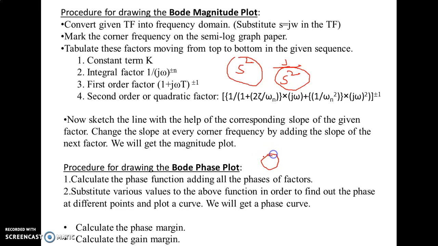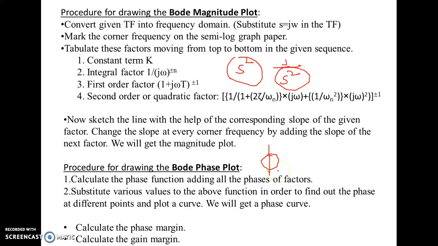After finding the phi value, take different values of frequencies, including corner frequencies, and find the angle. Note those down. On the x-axis it is the frequency, and on the y-axis the angle. Mark the points on the graph and connect them, and you will get the phase plot. It is very easy.